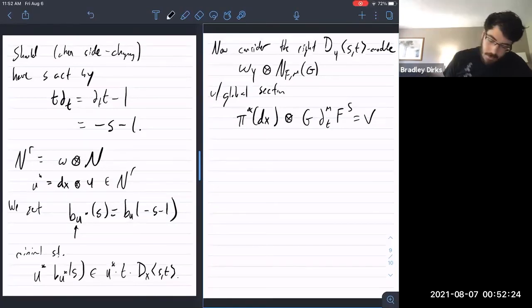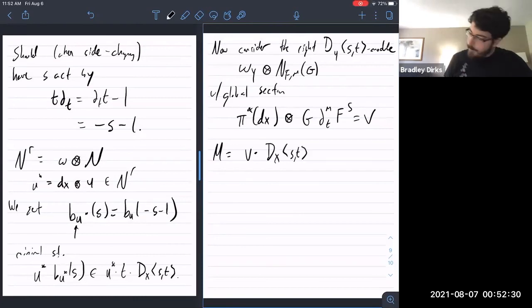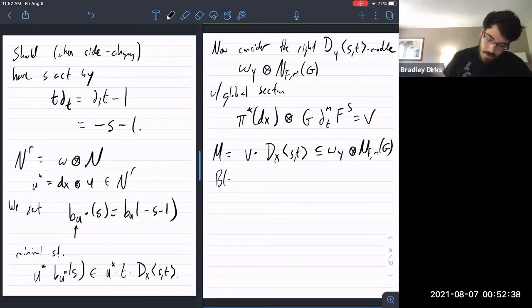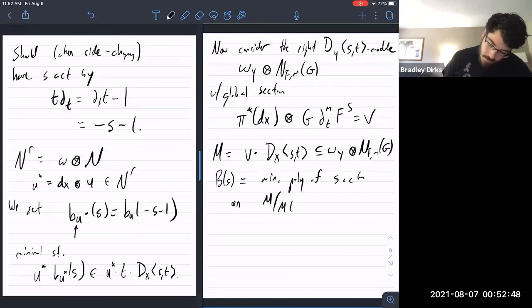Okay, and we'll let M be the cyclic submodule generated by this thing, contained in this omega_Y tensor N f^s. And we'll let B(s) be its minimal polynomial of the s action on M mod tM.